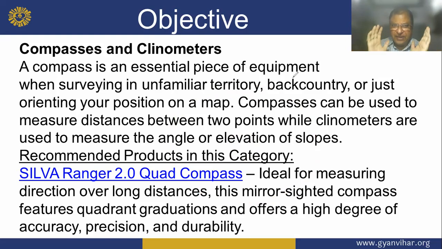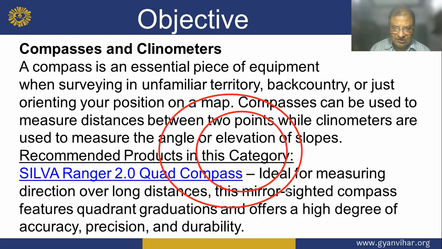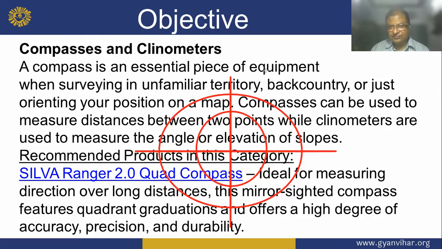So a compass is a type of instrument which has a steel disc, an aluminum disc. This is north, south, east, and west.